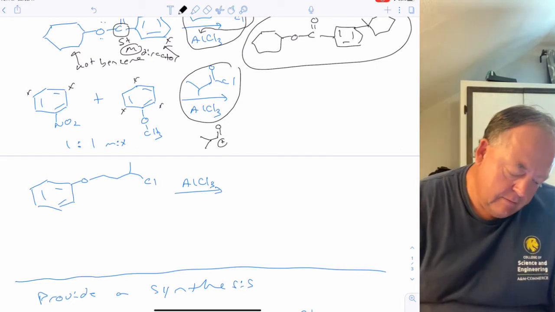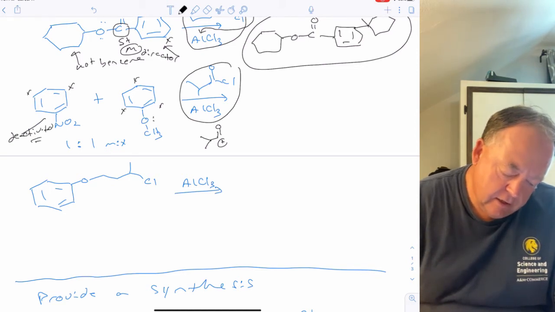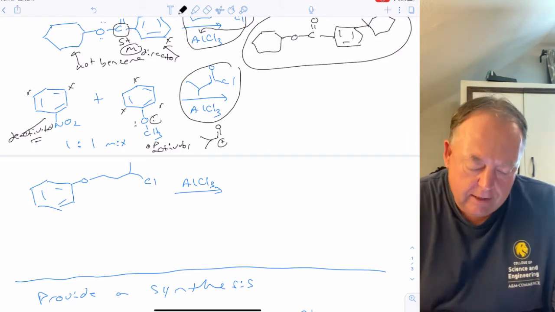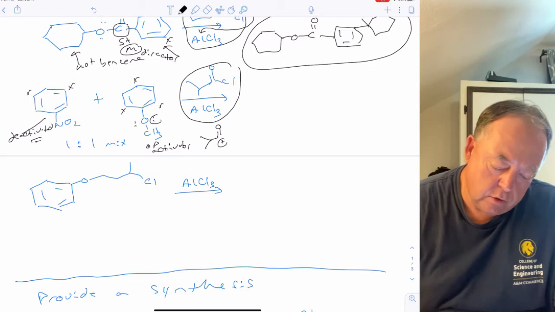But all meta directors are deactivators. So that ring is deactivated, right? Oxygen has a lone pair, so this is an OP director and an activator. So the nitrobenzene is not going to react. The methoxybenzene or anisole is going to be the one that's going to react.